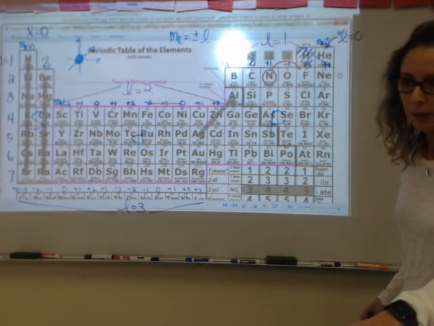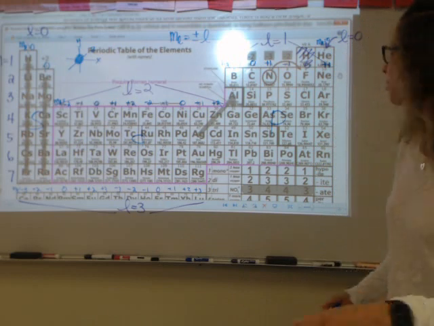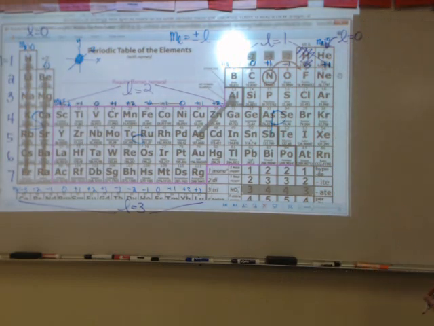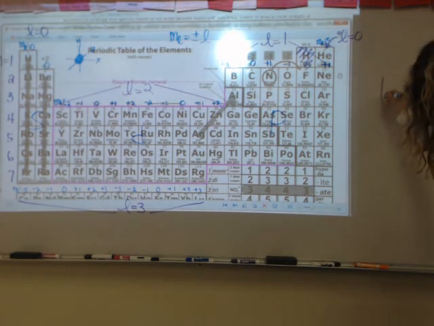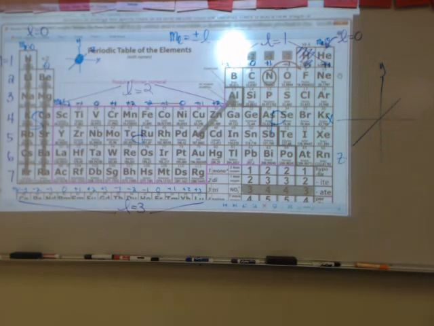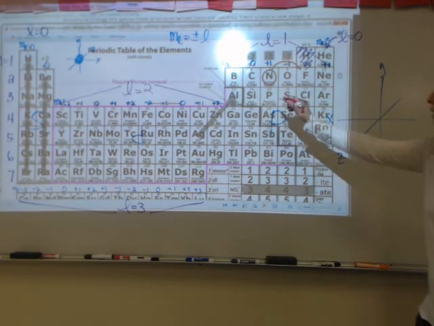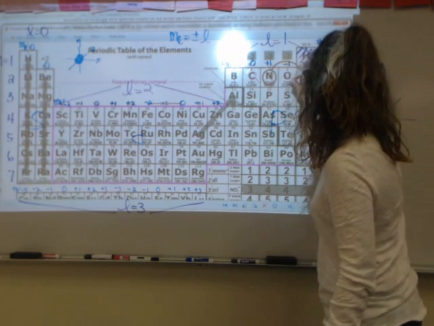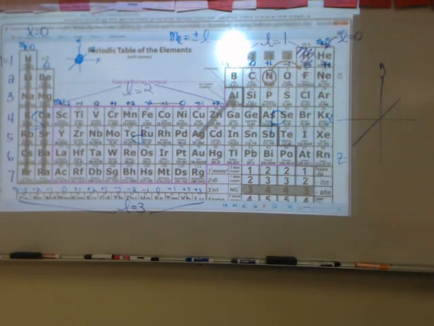But if I'm looking at something else like a P, if you turn the page, I'll attempt to draw it. You have an X, a Y, and a Z axis to convey 3 dimensions in space. And if you think about it as electrons, if I can have a maximum of 6 electrons in a P, then they want to get as far away from each other as possible.